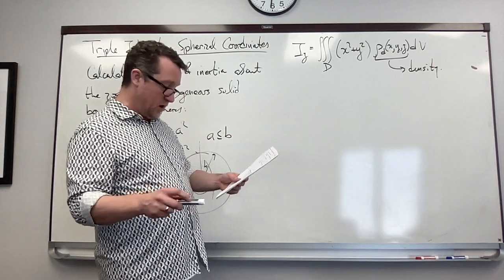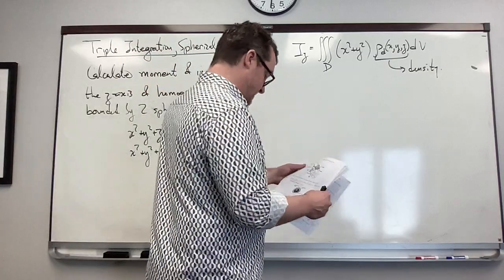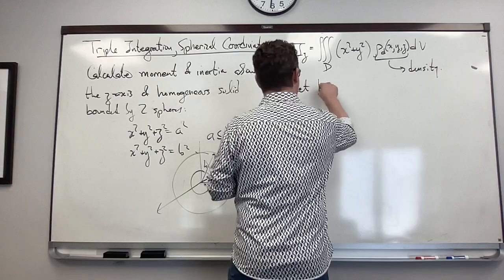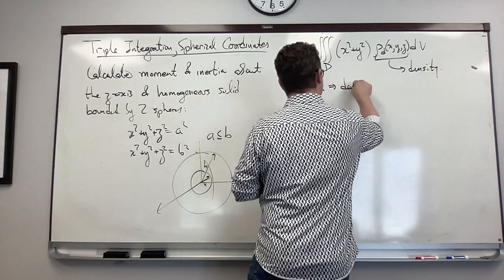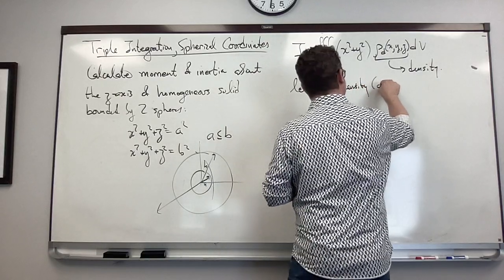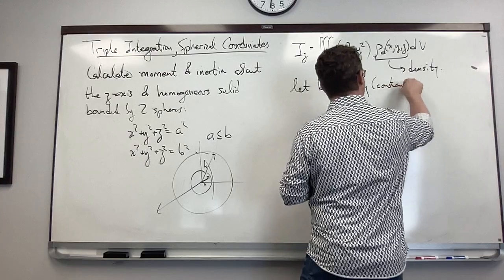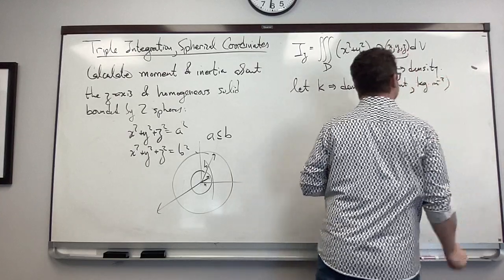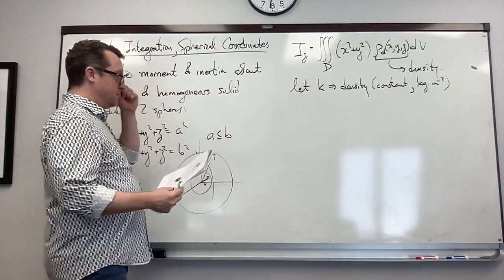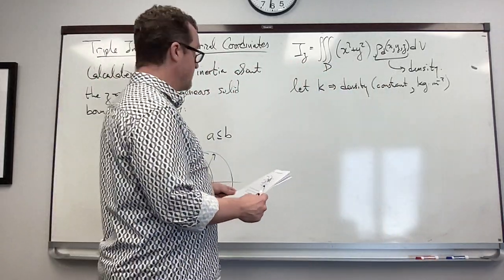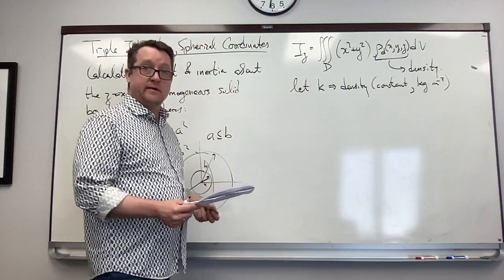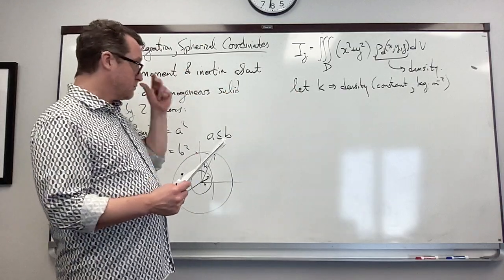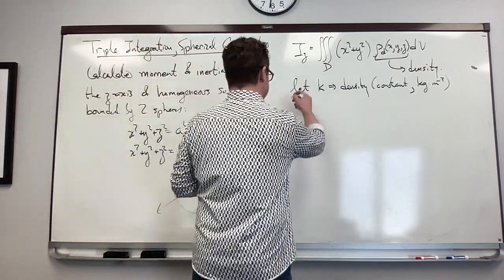Now, in our case, we're going to let k equal the density, which is a constant. It has units of kilograms per meter cubed. So that's constant. What we have to do is get this integral into spherical coordinate form. Let's go real slow here.